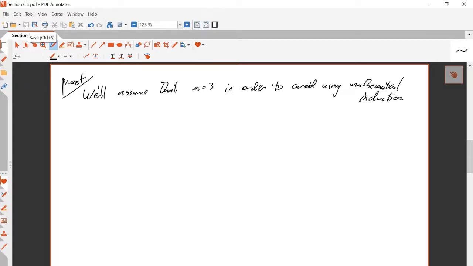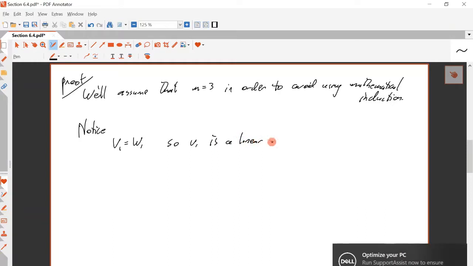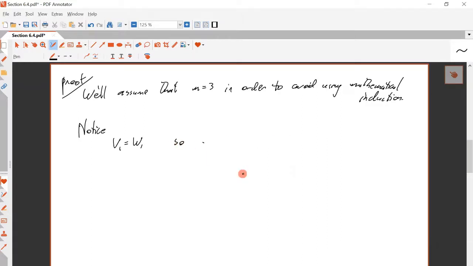First of all, notice that V1 is W1. So span V1 is equal to span W1.